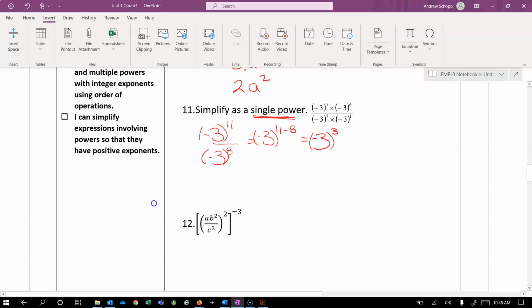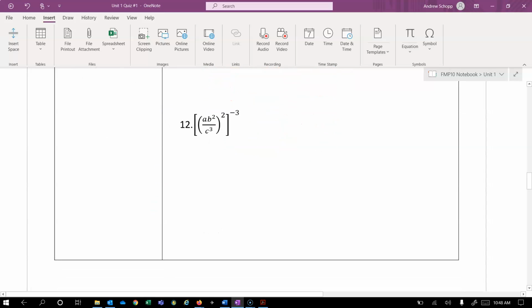And on to number 12. This one you have some options with how you choose to solve. There's lots of different methods as long as we stick within the rules. I look inside the brackets first and say, hey, is there anything I can simplify between these A's, B's, and C's? And I don't see anything.